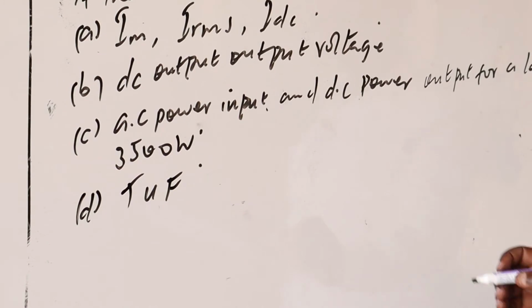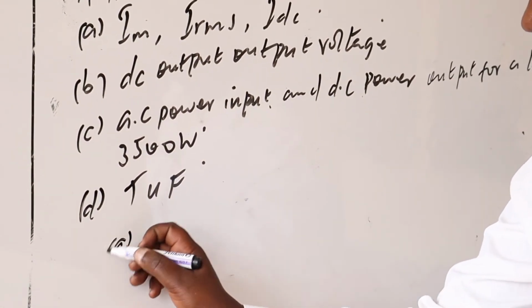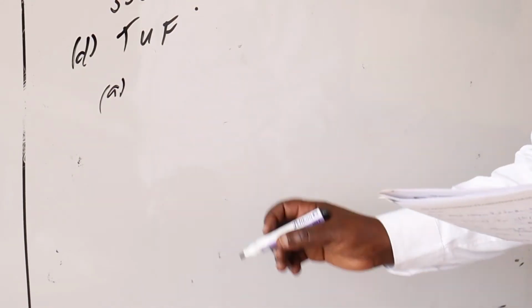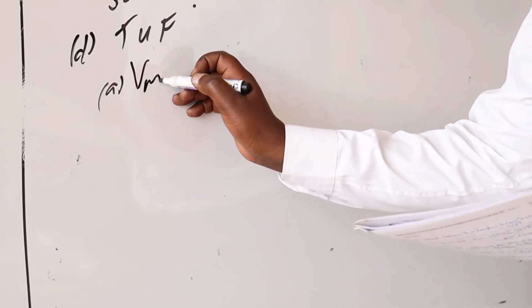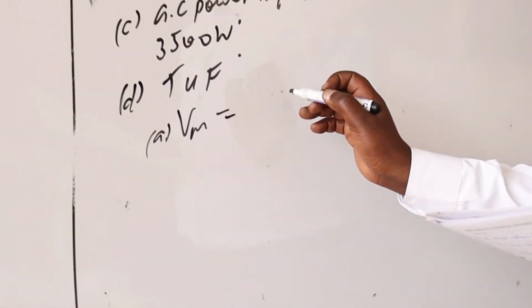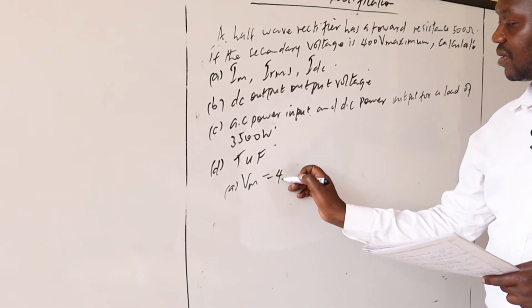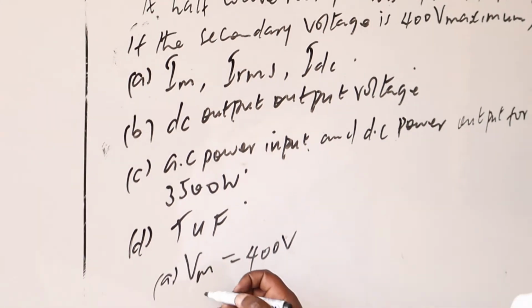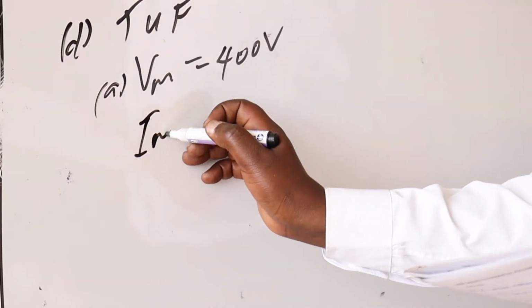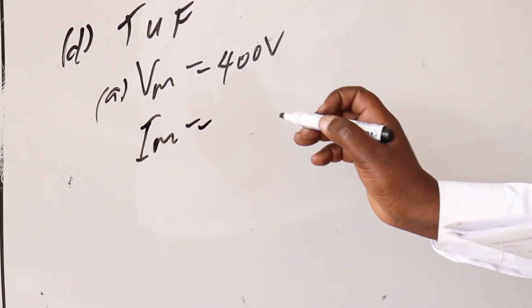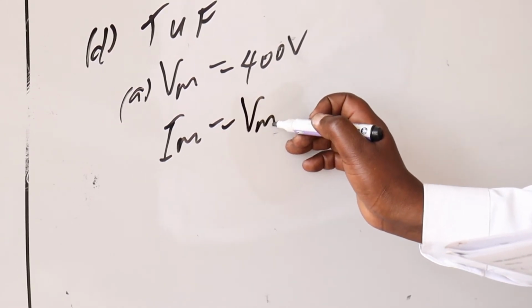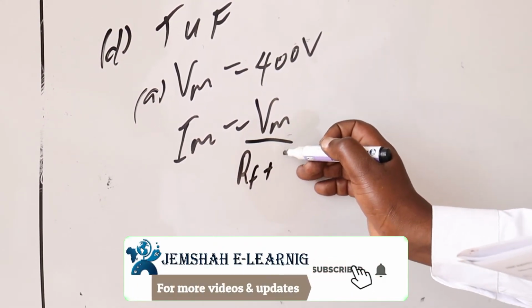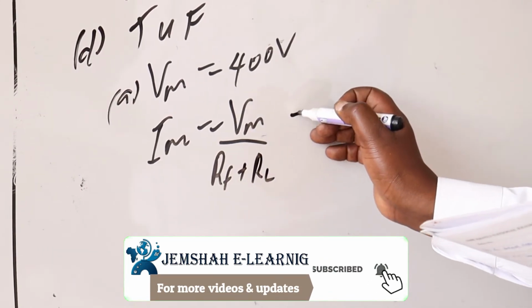So the solution, part A, you can get the VM. VM was given as 400 volts. So therefore we can get IM, which will be VM all over RF plus RL.